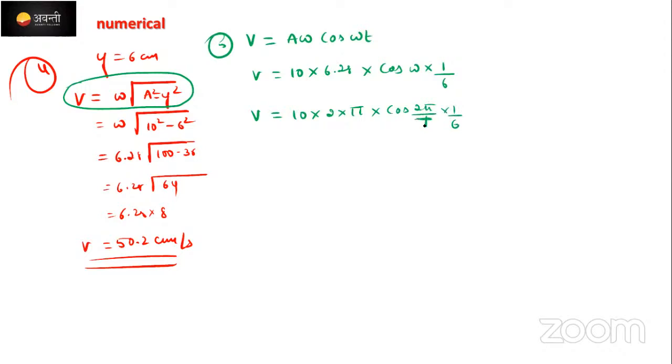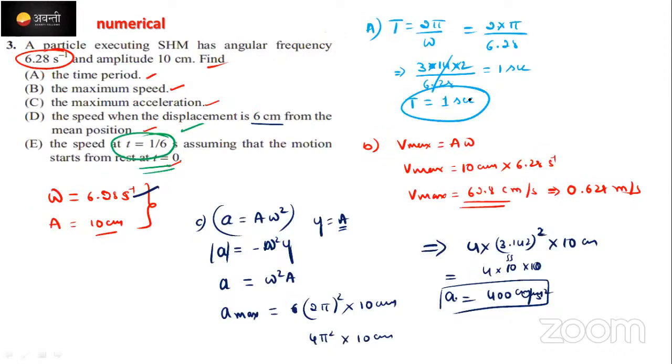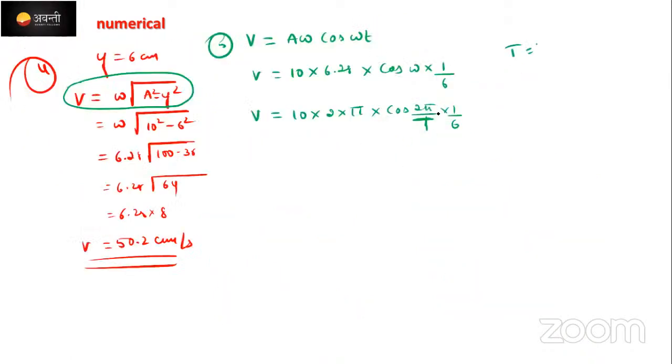We already found the time value, correct? What was the time period value? Look back once, the time period came out as 1 second, correct? Substitute the time period value 1 here. Then 2 ones are 2, cancel with 3 gives 1 by 3, so the argument is pi by 3. Substitute here: v is equal to 10 into 2 pi into cos of pi by 3.